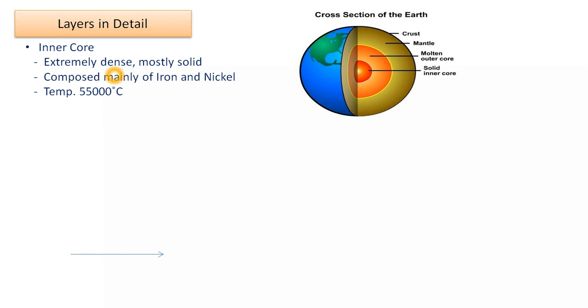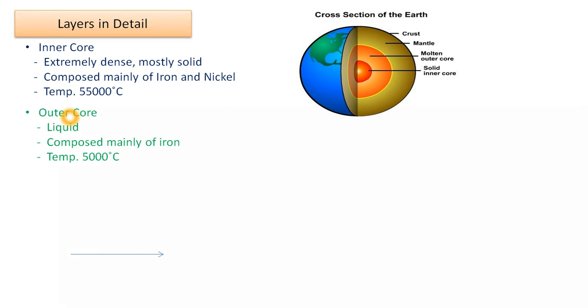That is how the magnetic field of earth is created, because iron is a magnetic material. So the magnetic field of earth comes out of this iron which is present within the core. This inner core is also extremely hot. The temperature of the inner core is more than 5,500 degrees Celsius. Sometimes it can reach up to 6,000 degrees Celsius.